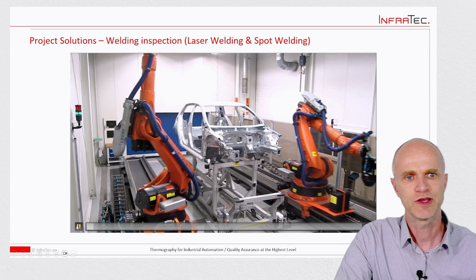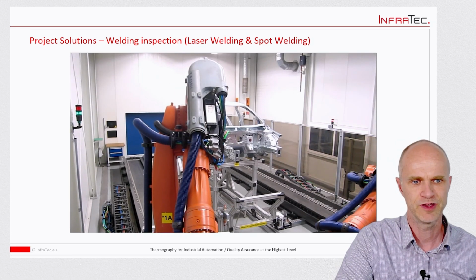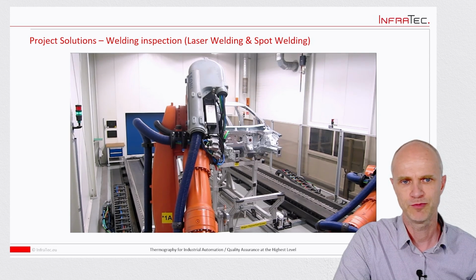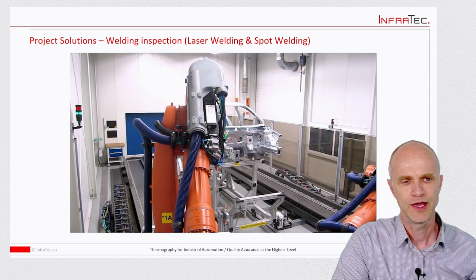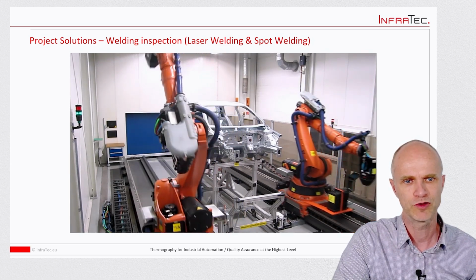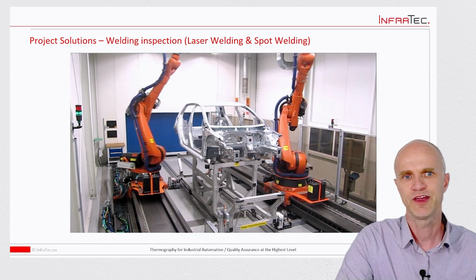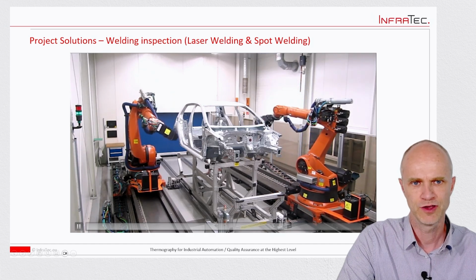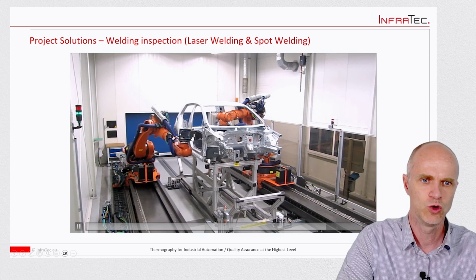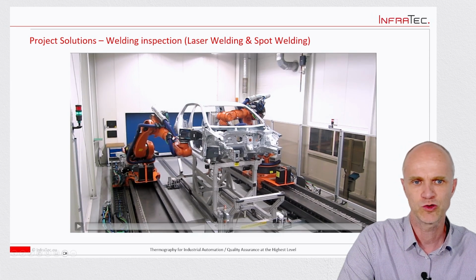And here is another application where a car body is inspected by two robots. This is used for spot welding of metal. The thing here is that both of the robots have an infrared camera and image IR in this case, and also the excitation source to give energy to the welding spot and then directly look, because of the heat transfer, if there is a good welding or not a good welding.